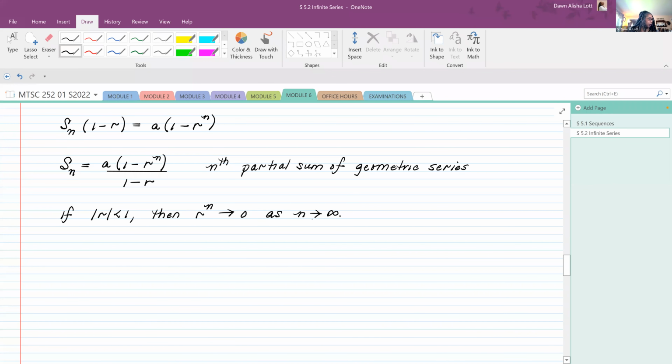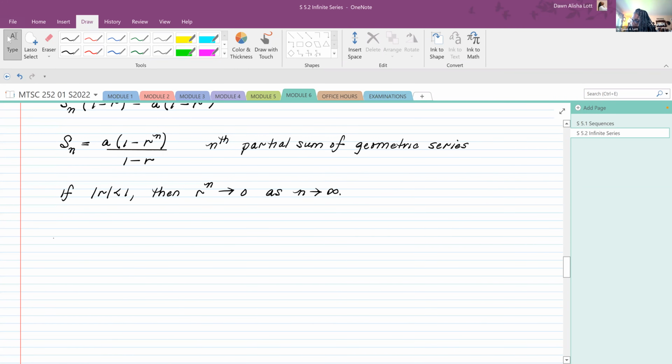Okay, so there we have it. So therefore the sum S, which is the sum from N equals 1 to infinity of AR to the N minus 1, is going to be the limit as N approaches infinity of the nth partial sum.